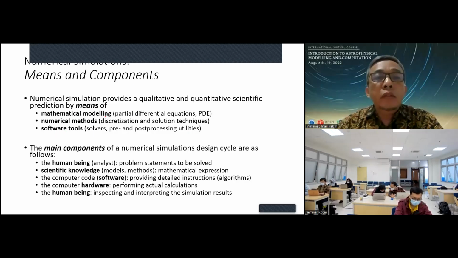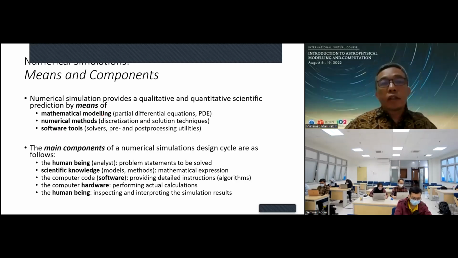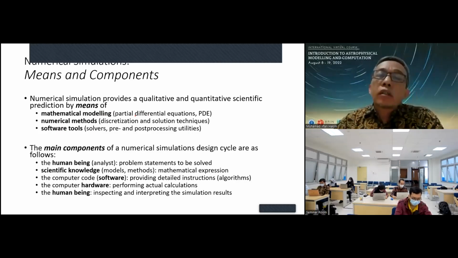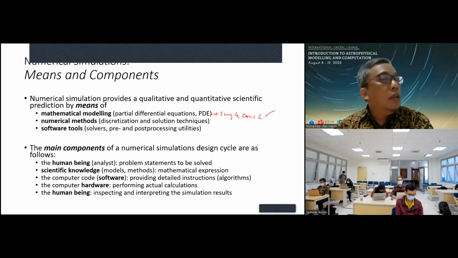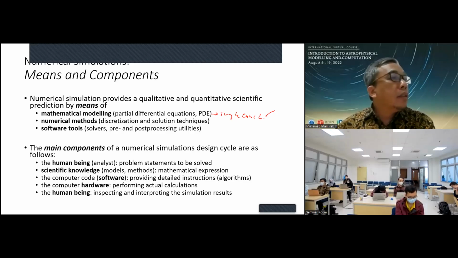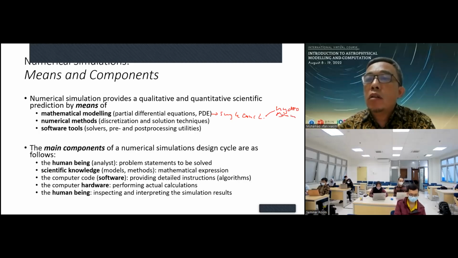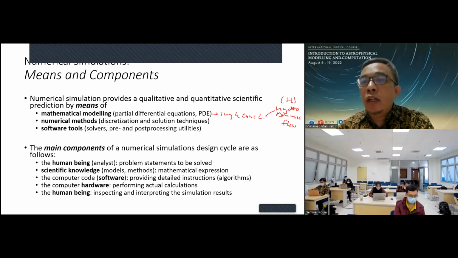The first thing that you have to know is how the universe works. We come to a single conclusion: we need to understand hydrodynamics, let me write this H letter, and the second is mechanics, orbital mechanics.